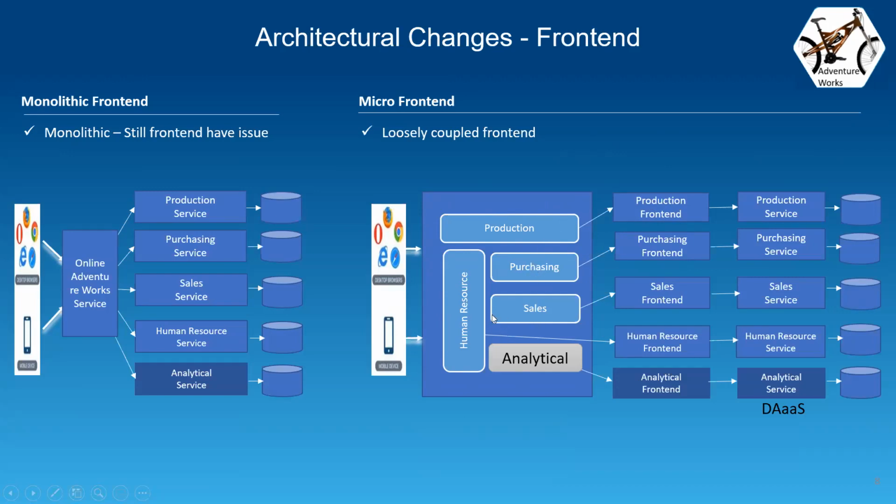So we get the freedom to use whatever technology we want, and for analytics we can use whatever technology is suitable. Later we can develop it as data analytics as a service, so that each department can consume our data for analytical purposes. This is the final architecture we are recommending for our institution.